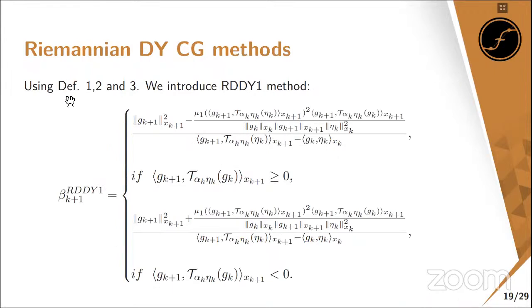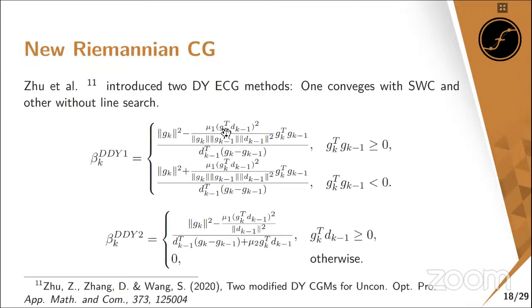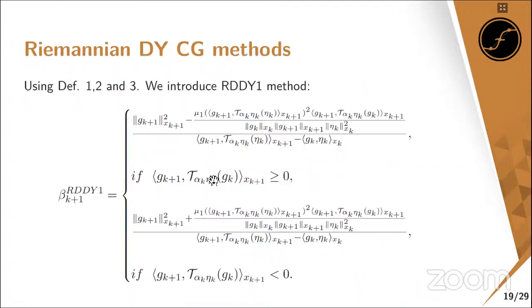In order to make this generalization, if you observe here, we have g_k transpose d_k, which means we need vector transport here, so also here, so also here. So many places there we need the concept of vector transport, which is given by definition 3 here.